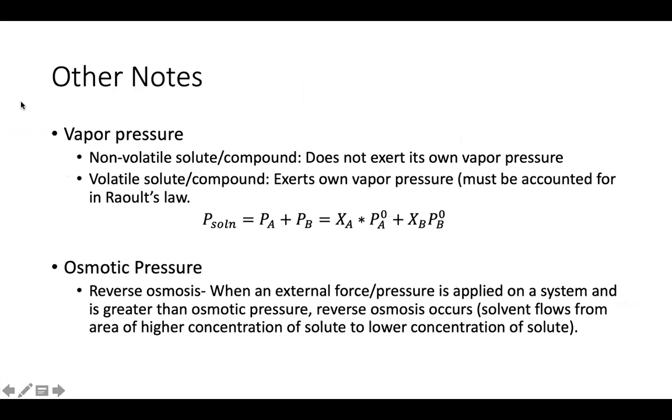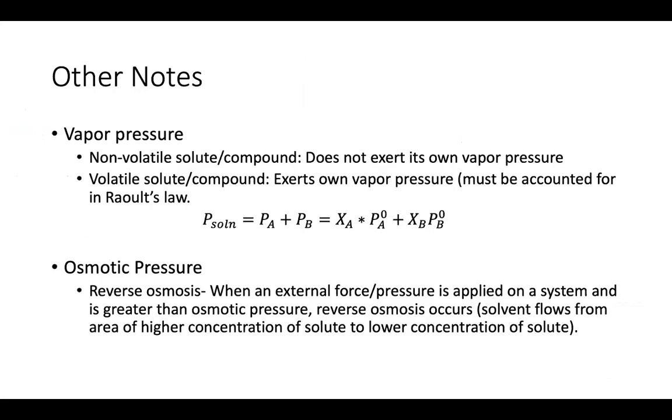Okay, just some random other notes. And again, there are other important things from this chapter, but vapor pressure. We have two types of solutes or compounds. We have something that we call non-volatile solutes or compounds, and these do not exert their own vapor pressure.